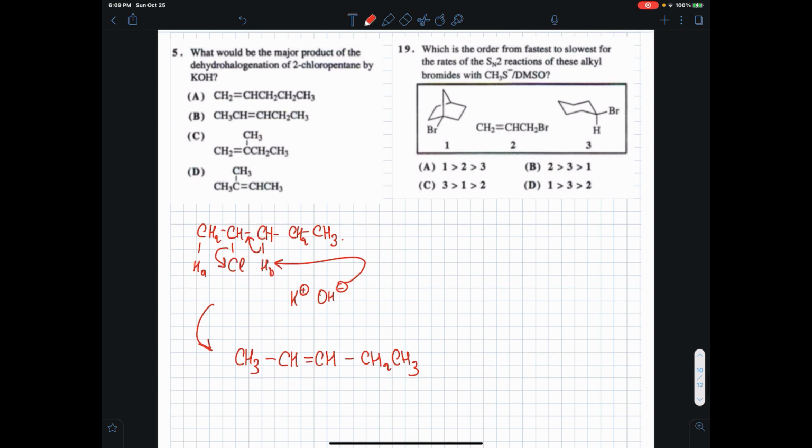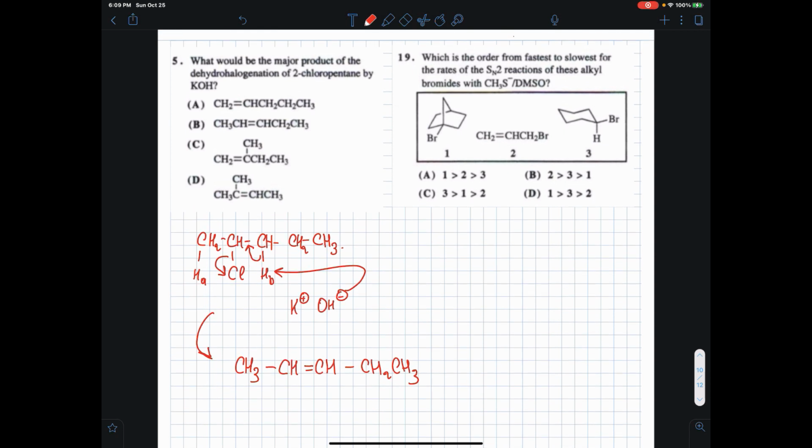And then looking at the multiple choice options that we have, the answer is going to be B.